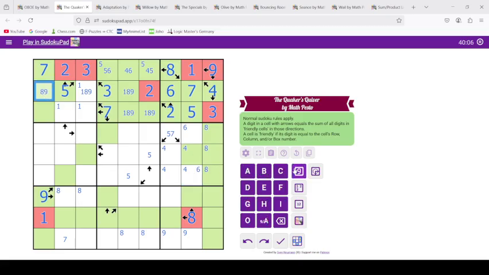That's an 8 now. Can't be a 9, because the 9 looking at it. 9 is one of these cells along with the 1. This is 4 or 6. Nine is one of those 3 cells.